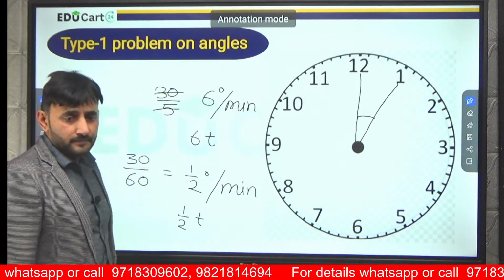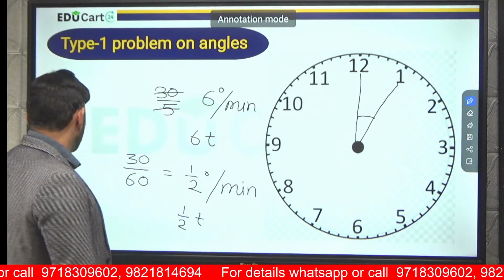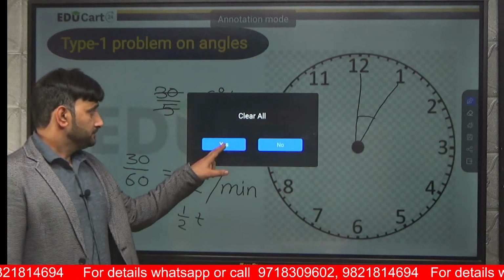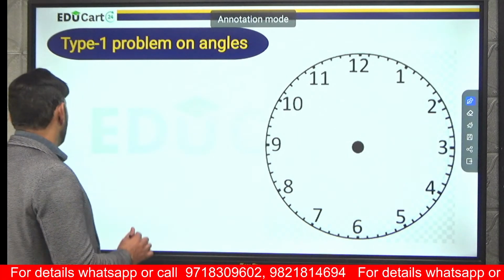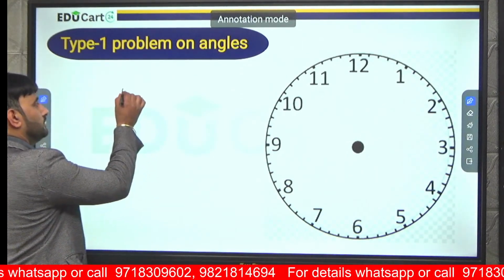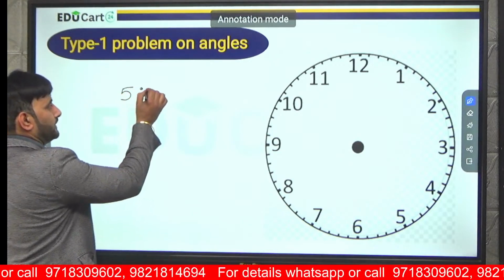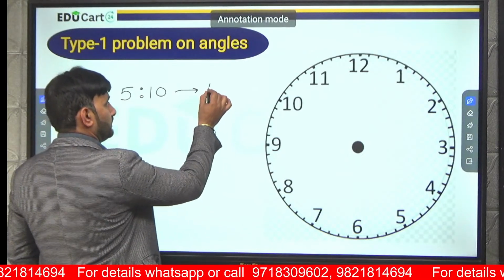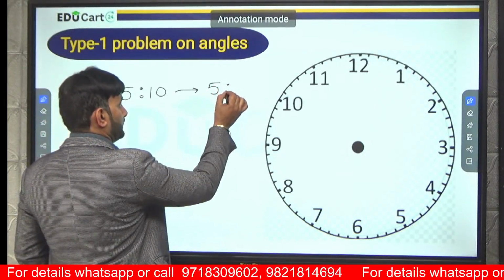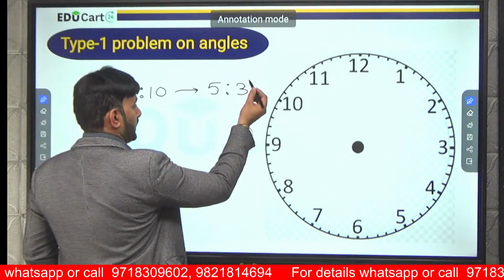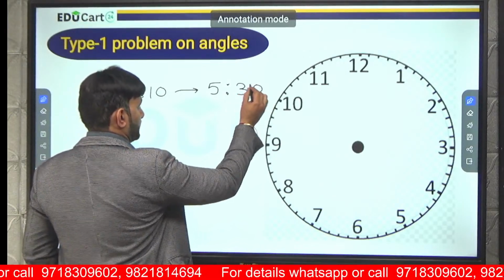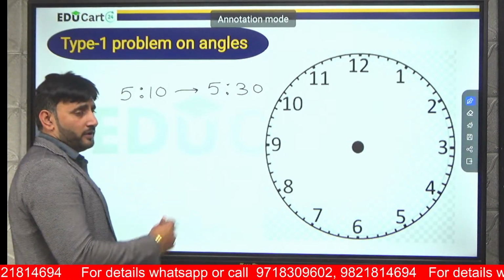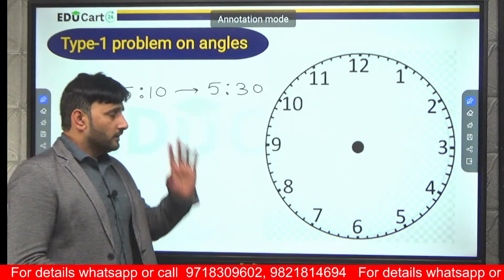Fine, beta. So please note down a problem. Find the angle moved by the minute and the hour hand of a clock from 5:10 till 5:30. What is the angle moved by the minute and the hour hand of the clock from 5:10 till 5:30?